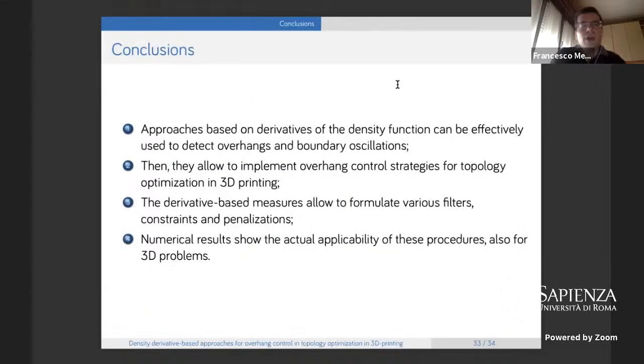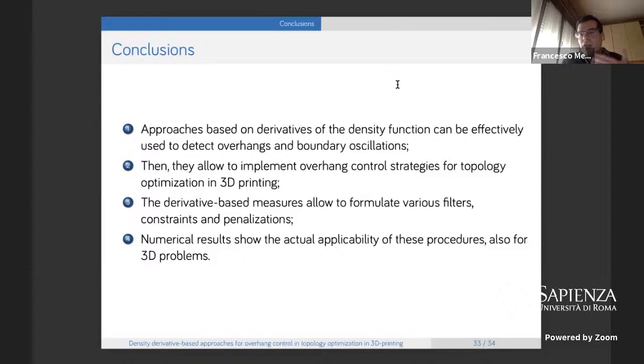So, concluding, we have seen approaches that are based on the analysis of derivatives of the density function, and we have seen that we can actually use them to detect overhangs and boundary oscillations. By the measures that we have introduced, we can then implement some overhang control strategies, and we can do this by a variety of filters, constraints, or penalizations.